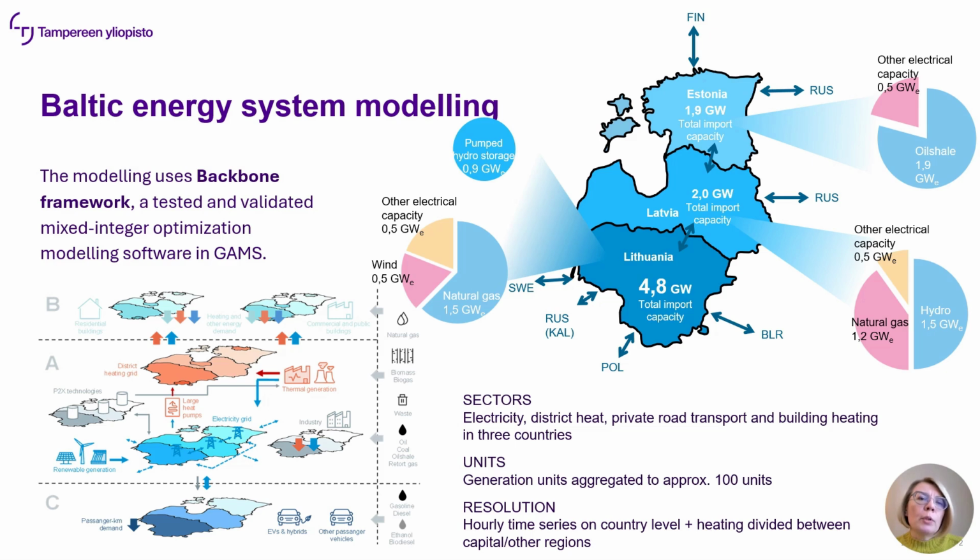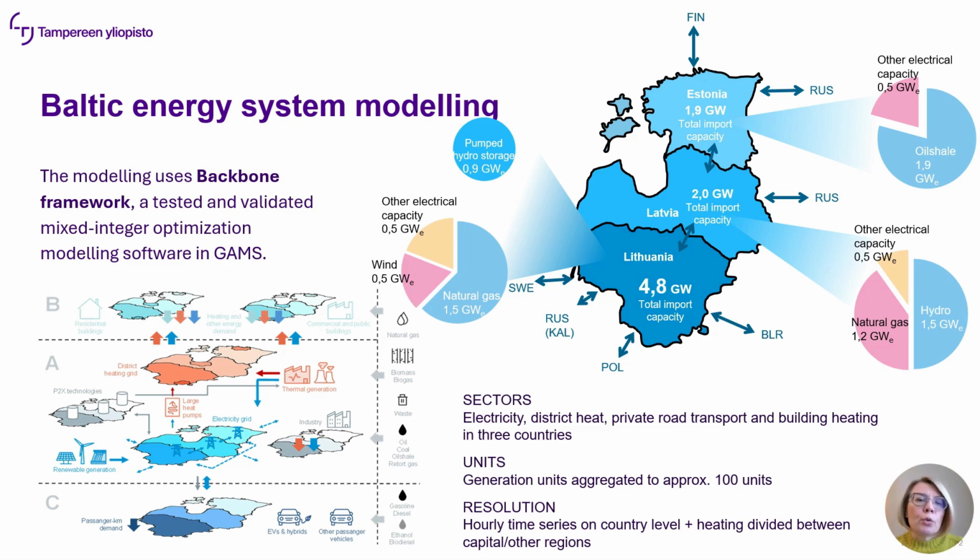The Backbone model for Baltic countries is a bottom-up model with a high level of technical detail covering key energy sectors. It consists of three main modules: a system module A, which covers electricity and district heating systems, including electricity resource, energy transmission, storage, and conversion between different grids.